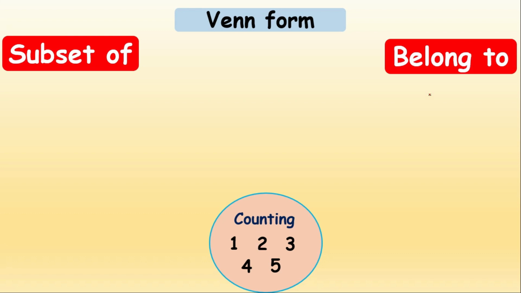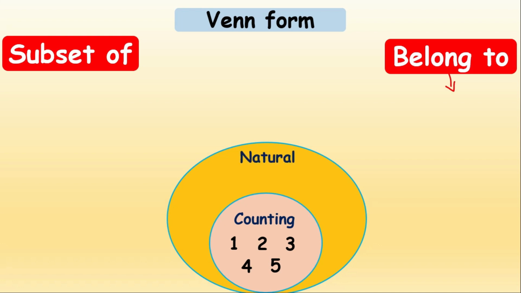So you can use the word belong to represent or express a number that is already inside the set. Any number inside the set, you can say it belongs to this set. Okay. And so on. The set of natural numbers is formed of counting numbers by adding 0.